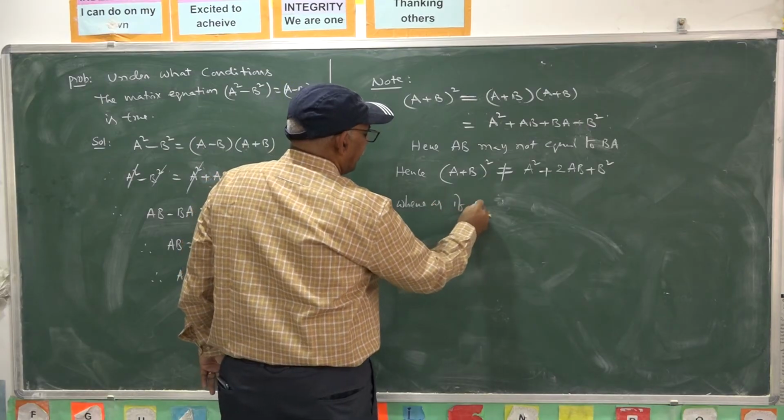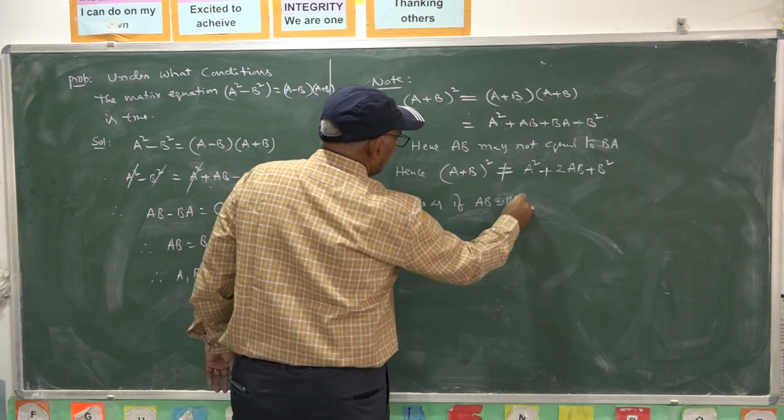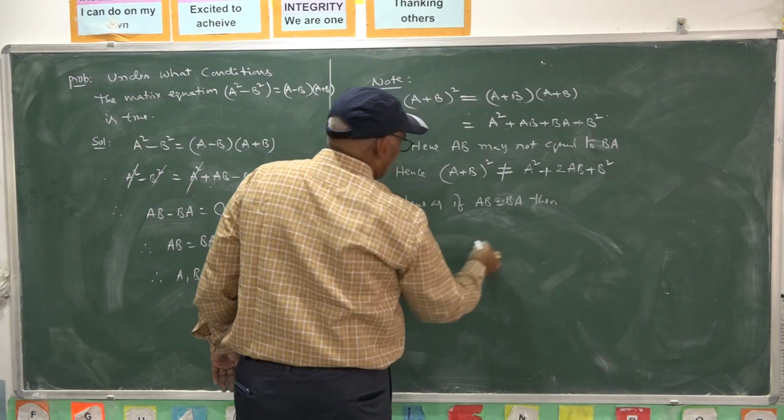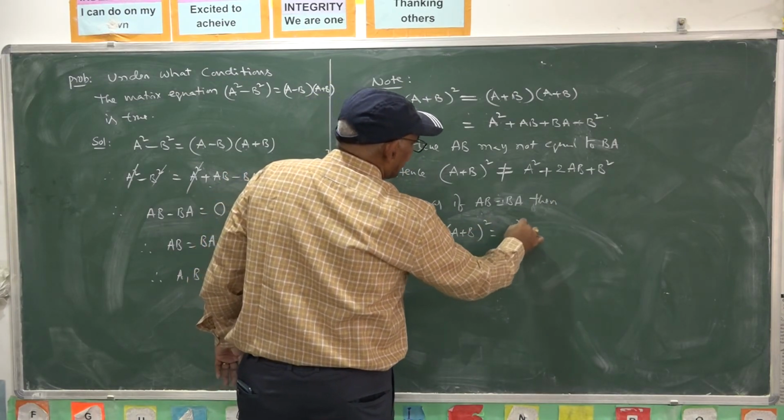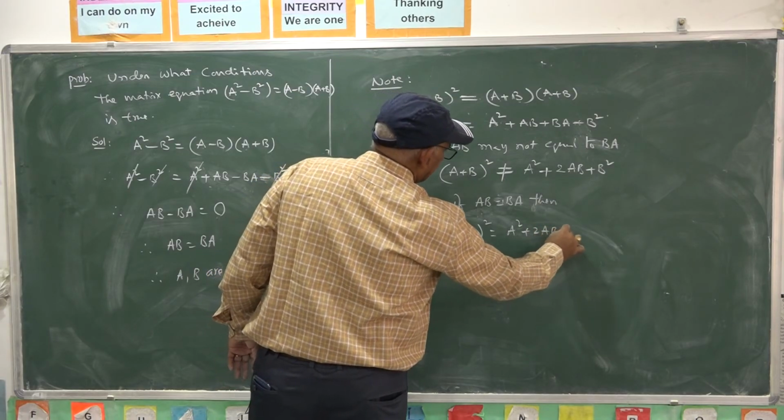Whereas if AB equals BA, then A plus B whole square is A square plus 2AB plus B square.